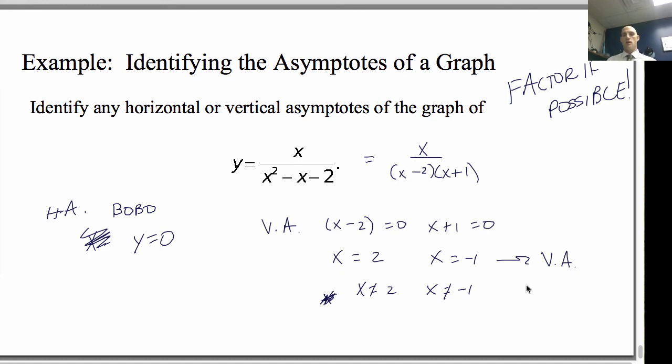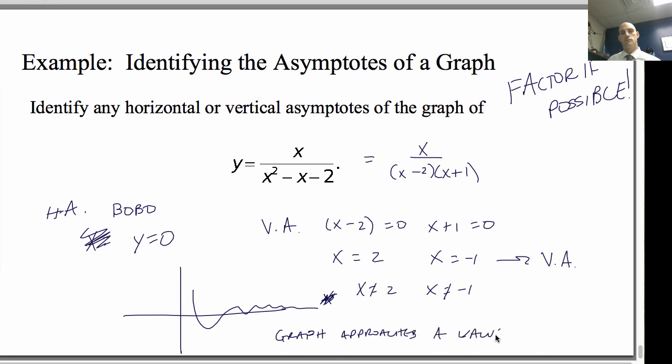That's how this works. So, an important note about asymptotes. Even if the graph crosses it, if it approaches a value into infinity, it's an asymptote.